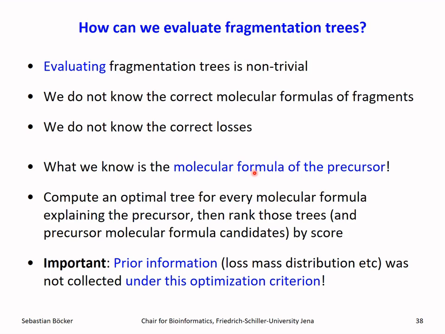All the parameters of the model, and not too many. I mean, there are the parameters of the parameterized distributions of, say, loss masses or something like that. But they were chosen without even knowing that the problem of computing the molecular formula of the precursor existed. And that's how you can do it. That's how you can be sure that the whole thing is not overfitting like hell.